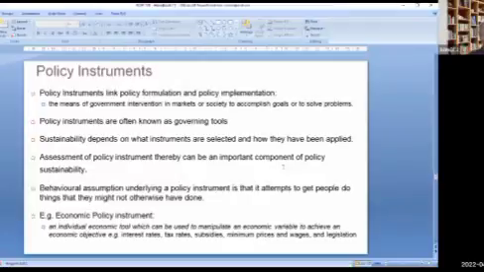So governments may want to encourage investment in a certain sector of the economy, and so they introduce subsidies or tax holidays. If you invest in this industry, in this area of the economy, you will be allowed not to pay tax, for example, maybe for 5 years or 10 years, just to encourage people to come into that area of the economy.